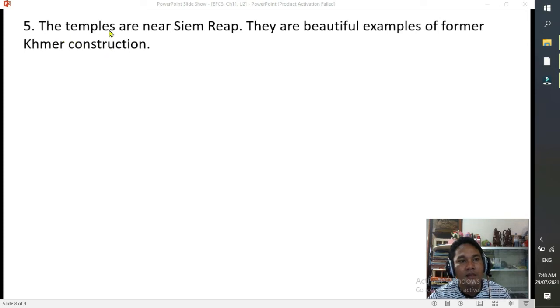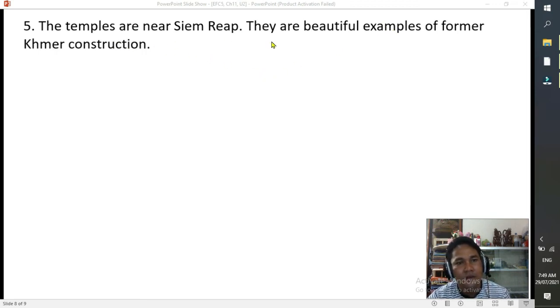Former Khmer construction. Same as example.